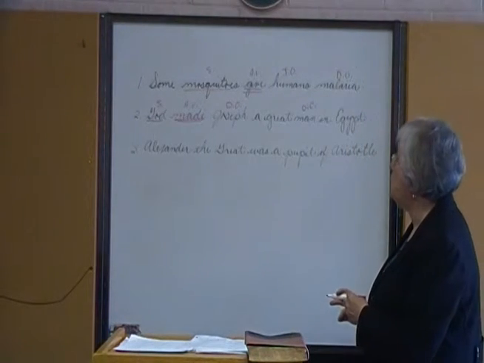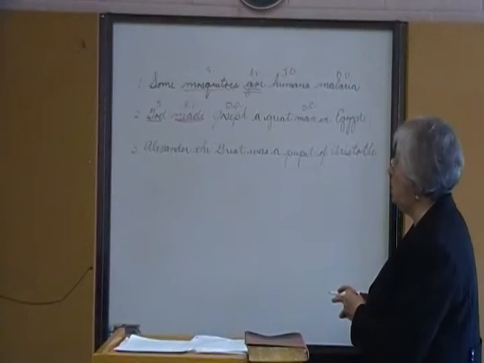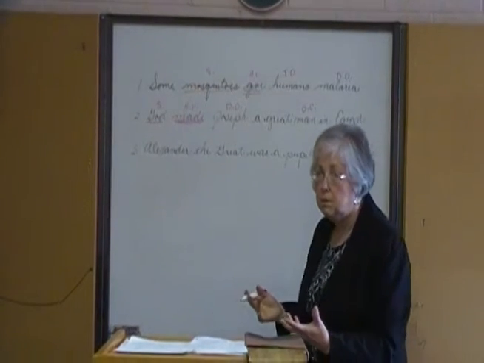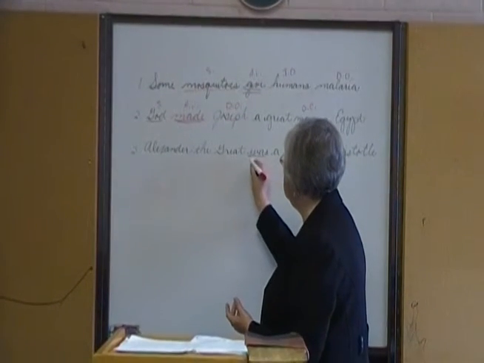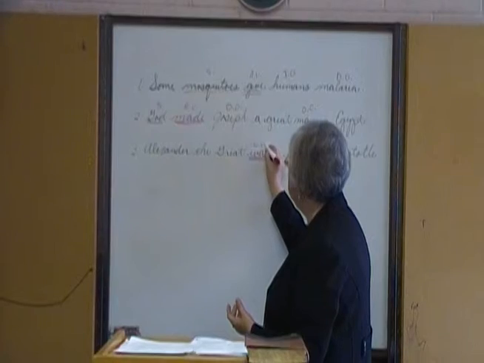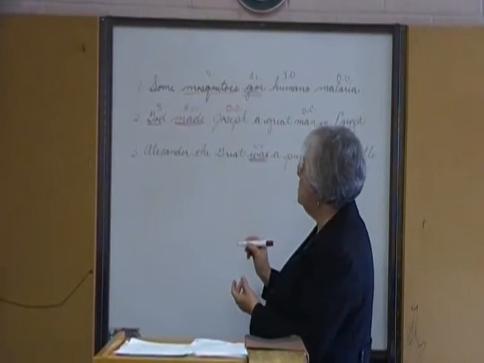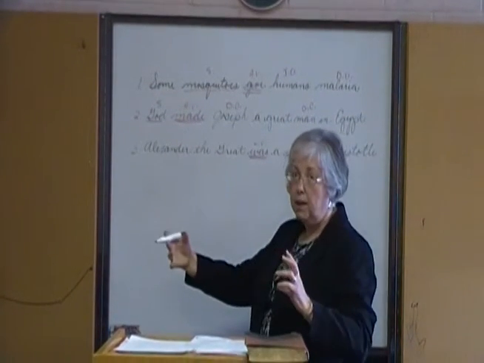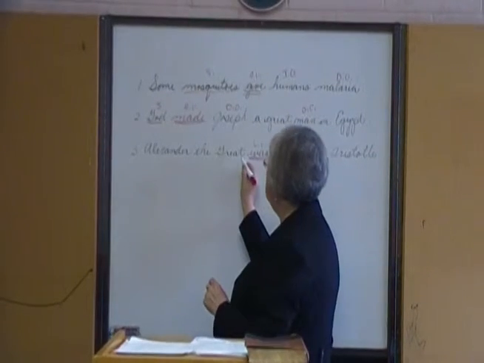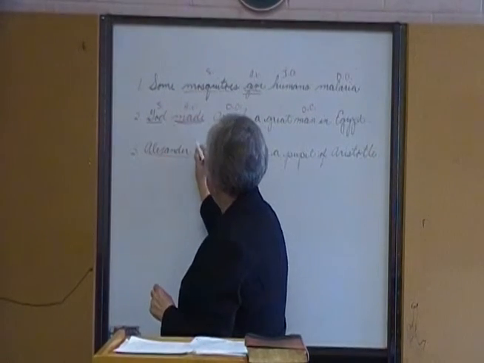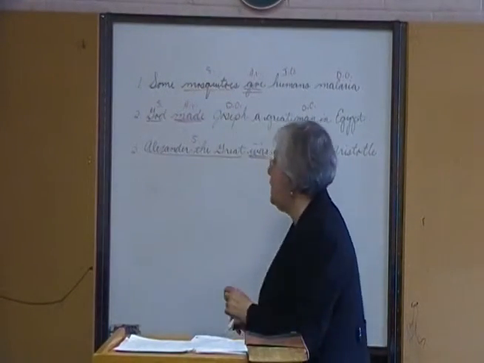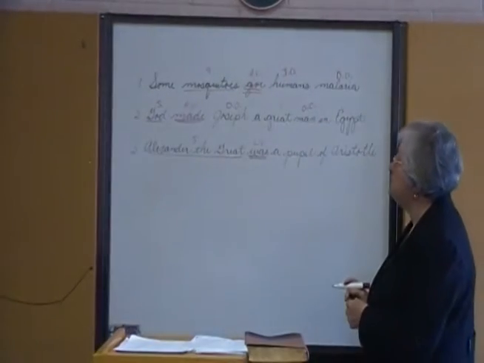Number 3, Alexander the Great was a pupil of Aristotle. What is the verb? Linking verb, was. Who or what was? Well, the subject is a compound word. It's not a compound subject, but it's a compound word, a name, Alexander the Great.